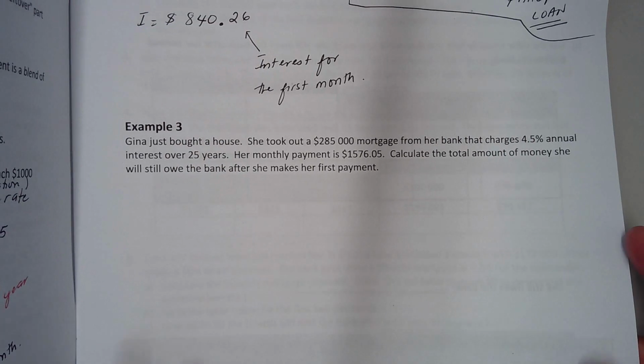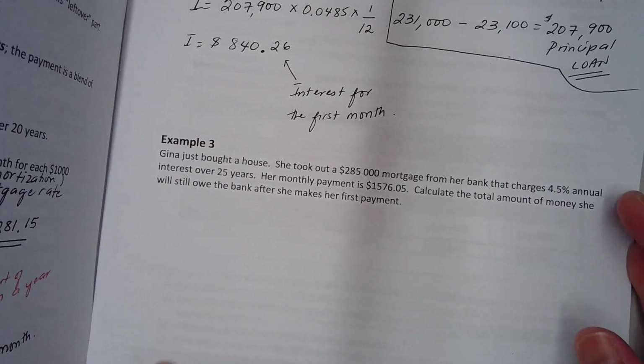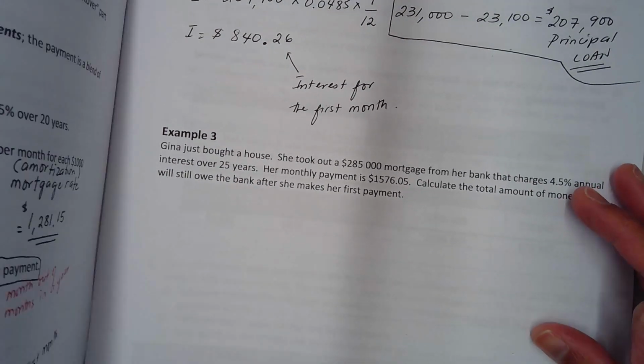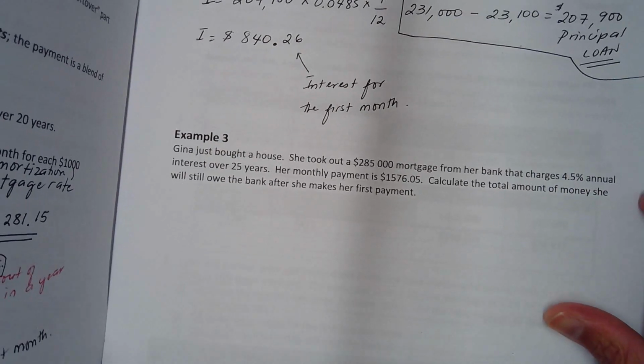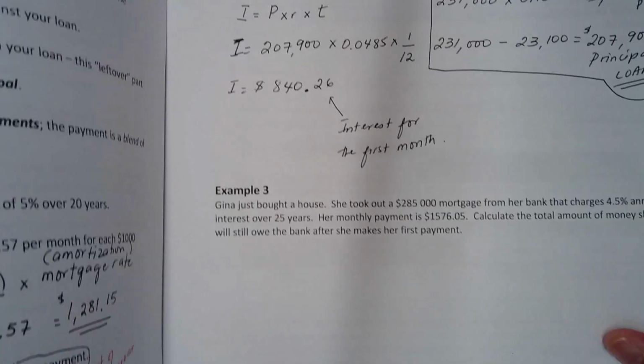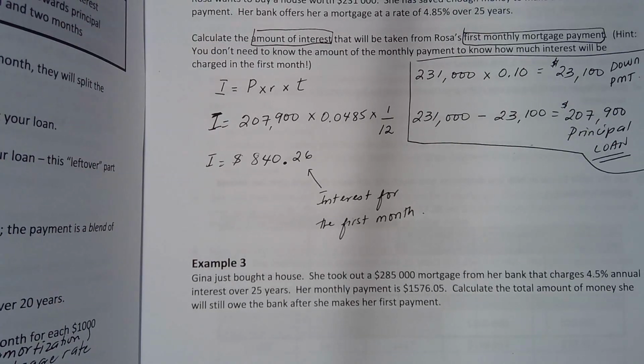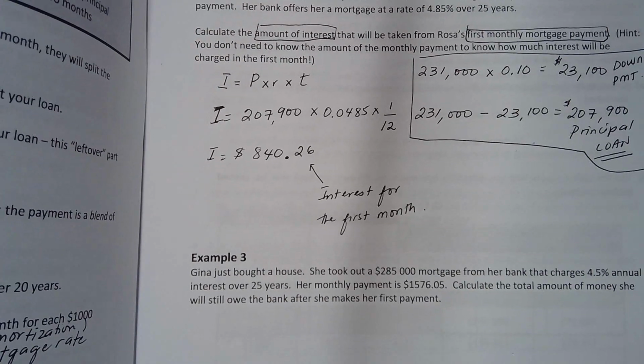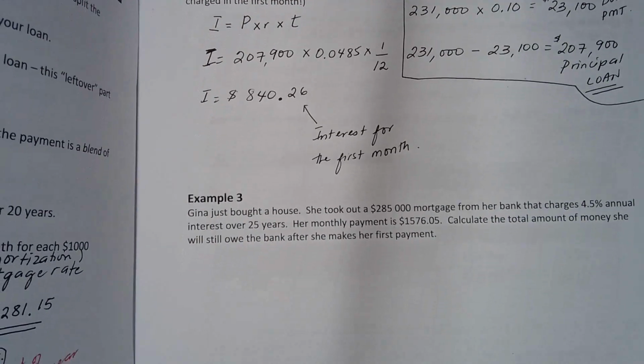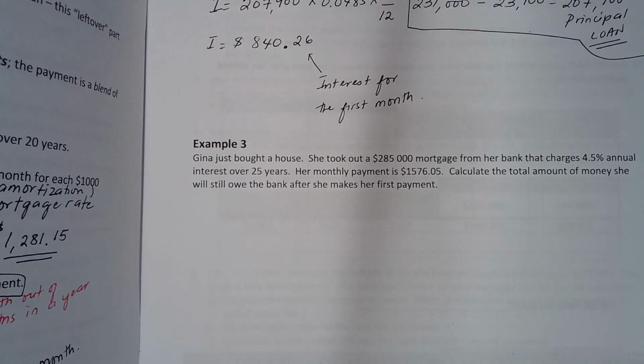We're going to take a look at example number 3. Are there any questions? Not so bad. Example number 3. Gina just bought a house.